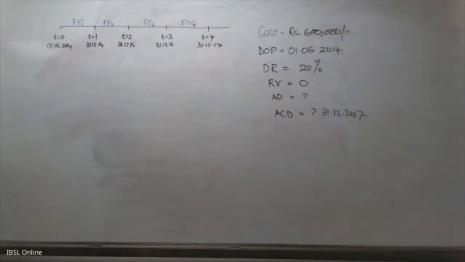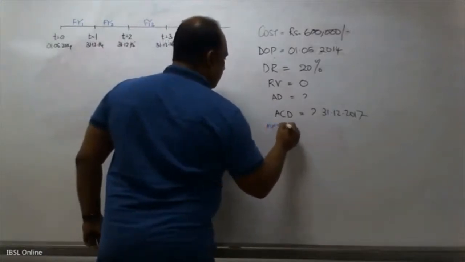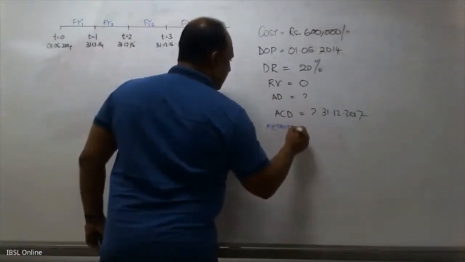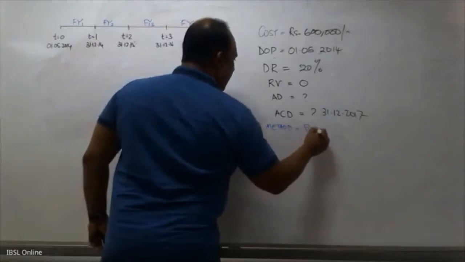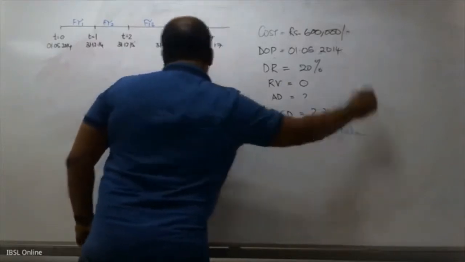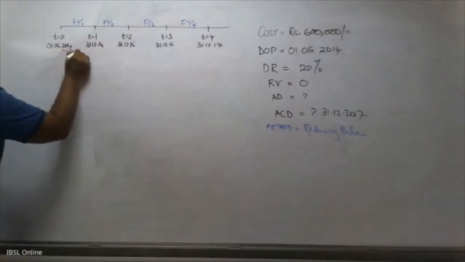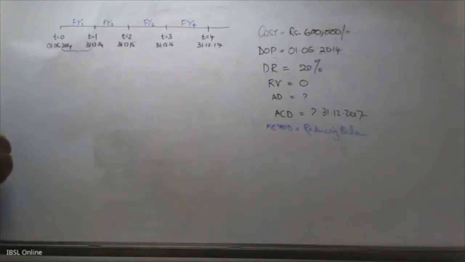And here we are given the method is reducing balance. You have to remember that. Reducing balance is the problem. That is what we have to now look at. So we have to apply the prorate convention, which means what is the time period during the first year?